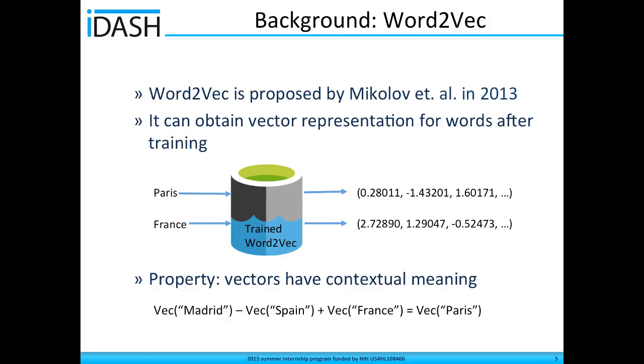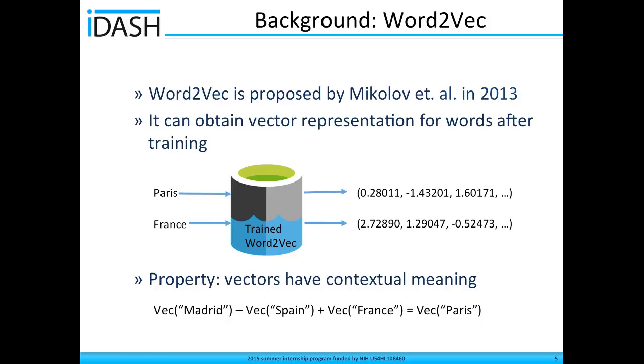By using this model, I can obtain the n-dimensional vector representation for each word. And there's a very nice property of Word2Vec, which is that the vectors learned by Word2Vec have some contextual meaning. In this example, the vector of Madrid minus the vector of Spain plus the vector of France is actually equal to the vector of Paris.